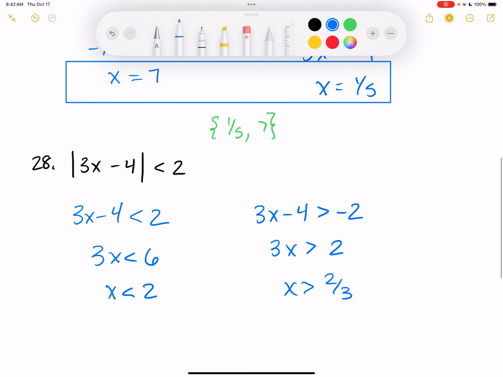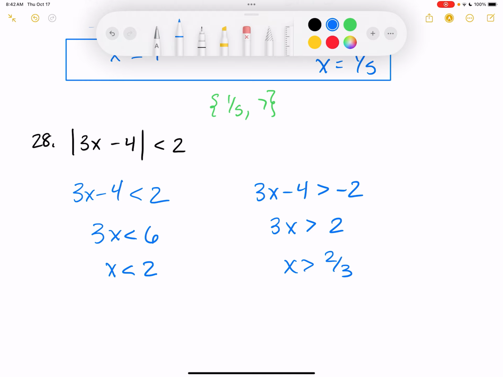And they want the answer in interval notation for these ones. Make a note of that. So first of all, I would line these up so that they're written in the right order. So x is greater than 2/3, but x is less than 2. So it will be 2/3 less than x less than 2.